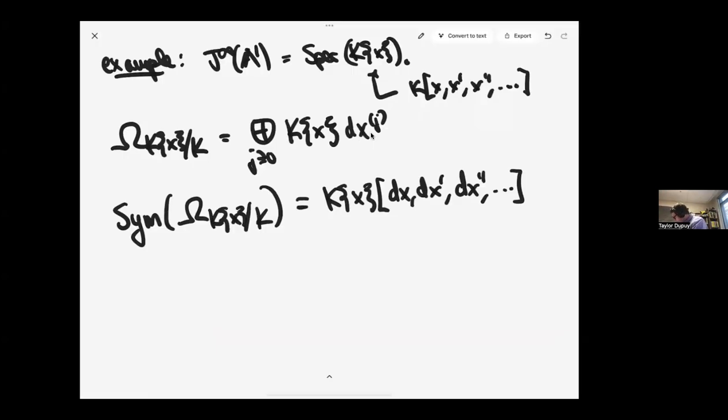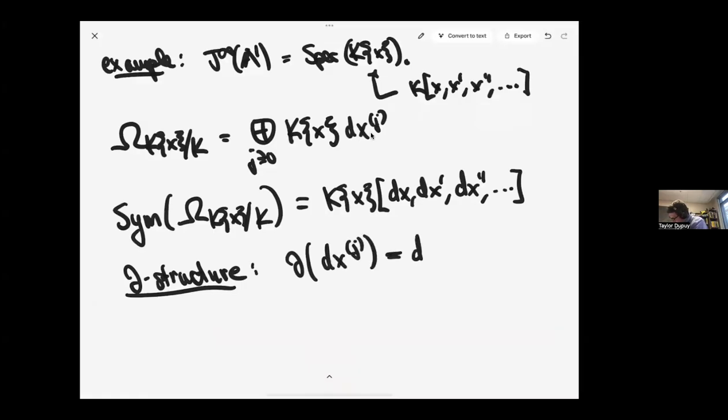And this thing actually has a delta structure on it, so it has a derivative structure on it, and it's not just the d. What we do is we define d of these things, d of dx_j, to be d of x_{j+1}. And so what this does is this makes this a differential ring.